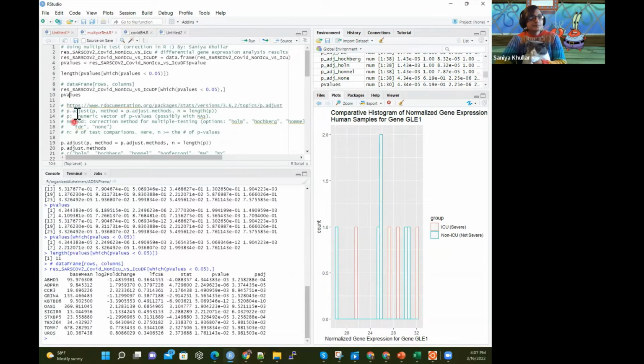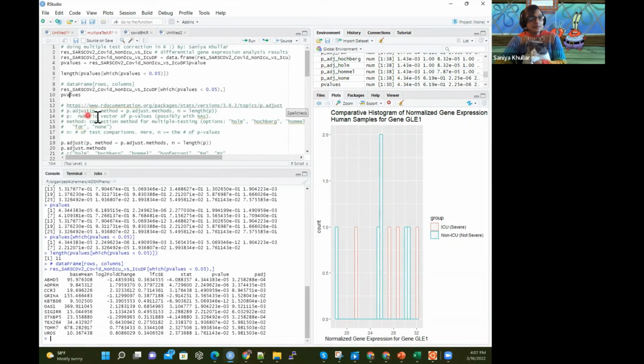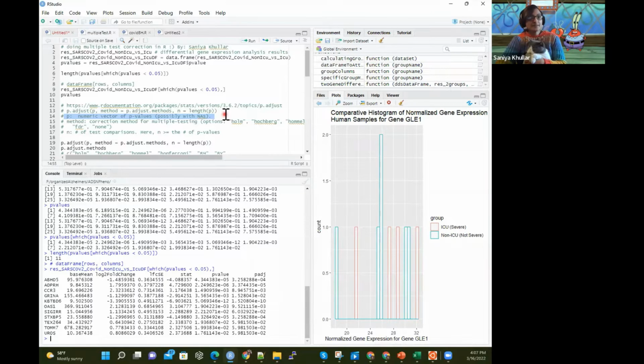So the goal is that this was where I had shown you this documentation for the p.adjust function. It's called p.adjust. You have p, which is your numeric vector of p-values. They can have NAs in them.